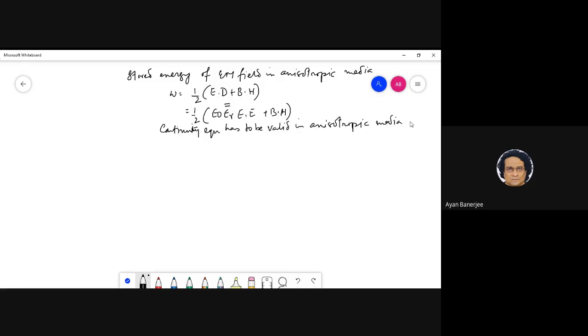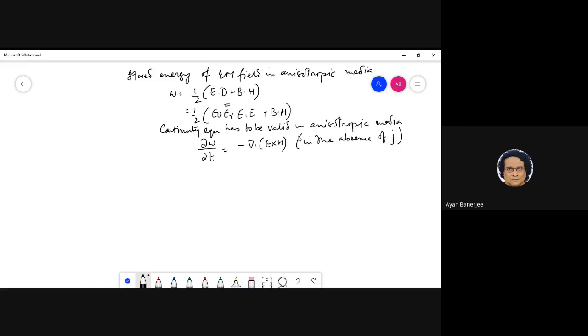There is no doubt that the continuity equation is to be valid, and it also tells us that this is going to be equal to minus del dot Poynting vector in the absence of any dissipation, in the absence of any conductive media, of J. If there's no J, then this is probably fine.